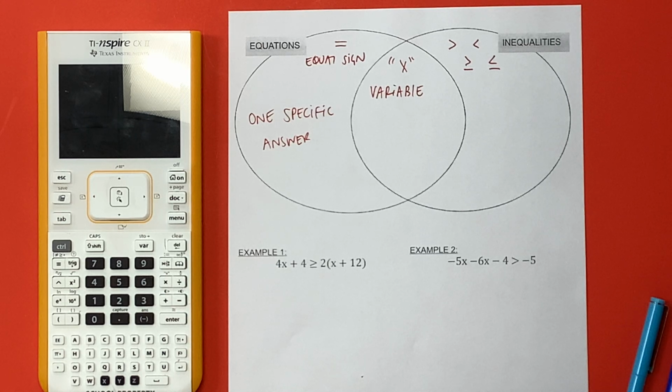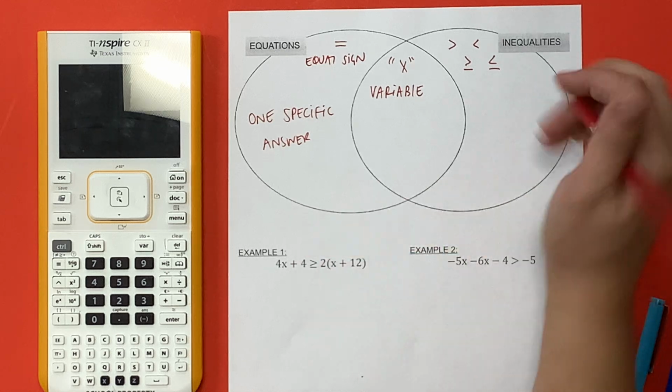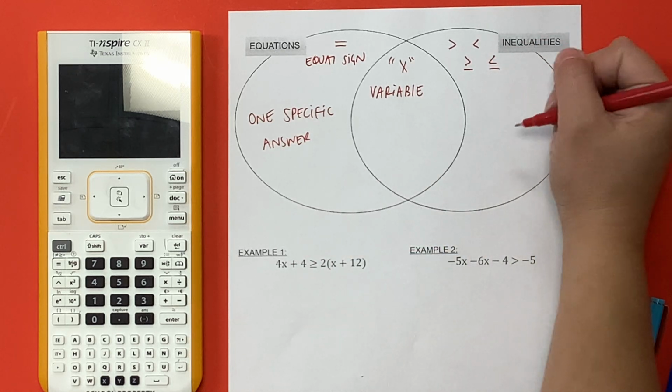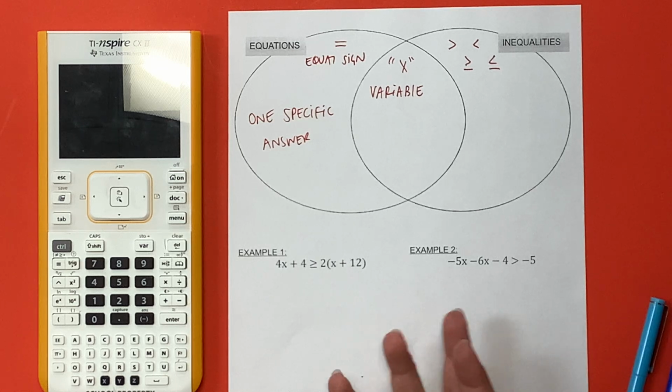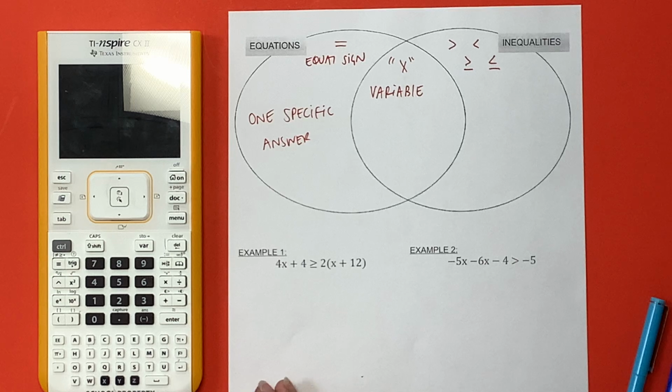Whereas for inequalities, the answer is technically a set of numbers. So whatever answer we get, if it's like x is greater than 3, that means all the numbers greater than 3 are the answer. Same for x is less than 3. That means the answer is all the numbers that are less than 3.